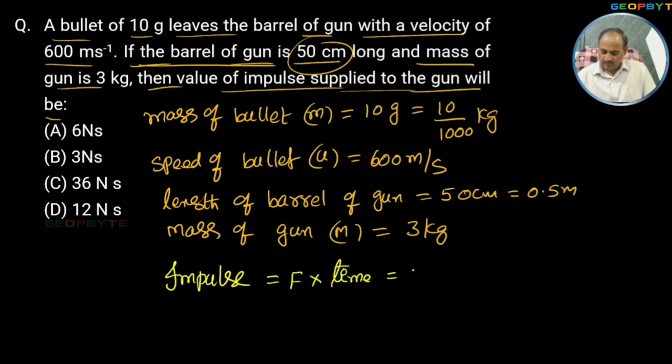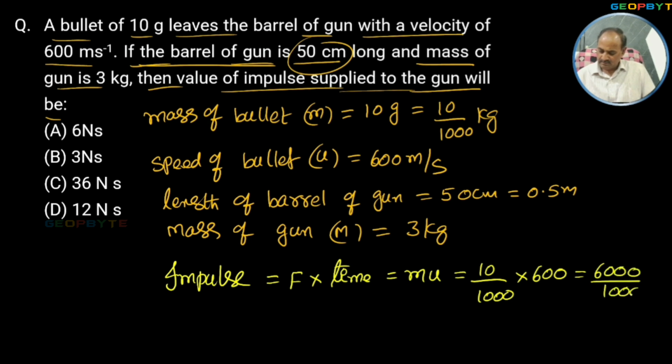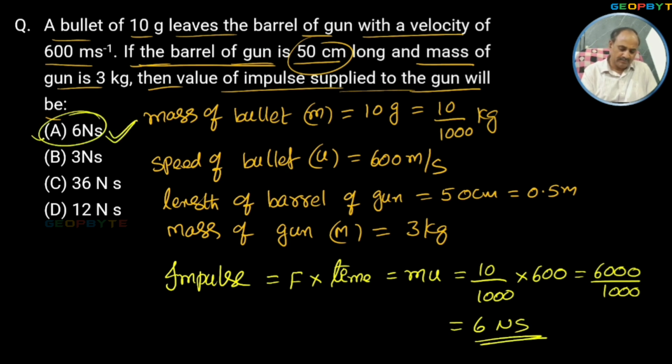It must be equal to mass times the initial velocity of the bullet. So mass is 10 by 1000 into 600. It is 6000 by 1000, equal to 6 Newton second. That's the answer. Look at option A. Option A itself is absolutely correct. Understood clearly?